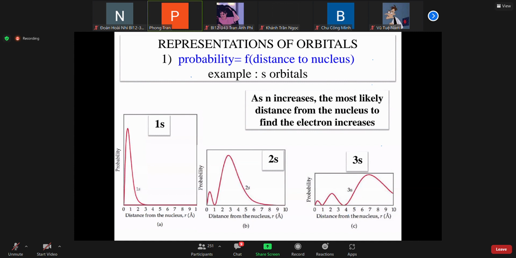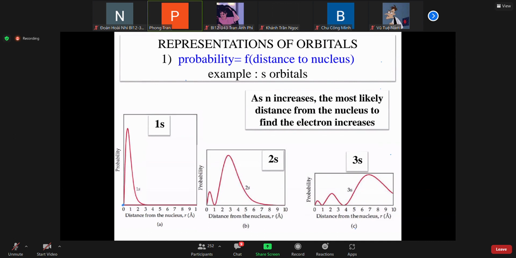So you can see here, in the orbital 1s, if you take the nuclei here, you see that at a distance very close to the nuclei, very close to 0, the probability to find an electron is low.